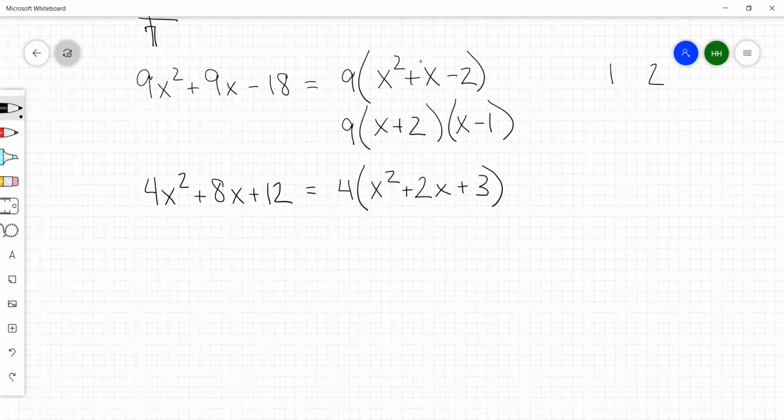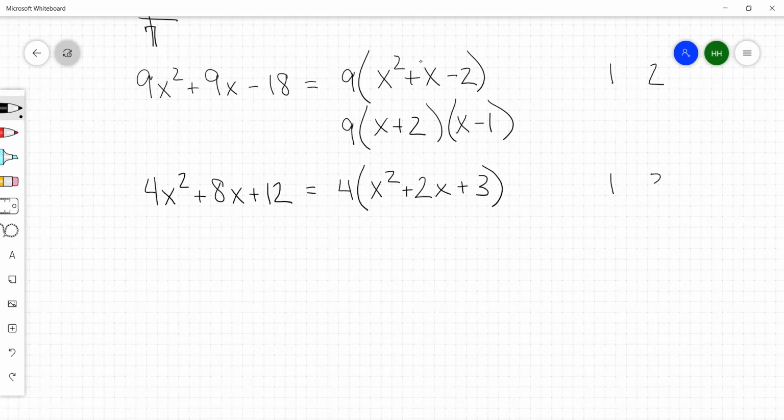Interesting here. Looking at this trinomial in here, there's only 2 factors of 3.